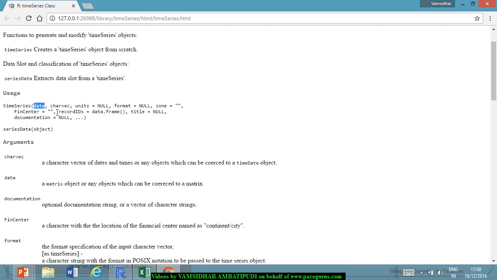I have to give the data, and for that data I have to specify what is my character vector. Character vector of dates and times, or any object which can be coerced to a time date object. So this is what I'll identify as my char vector.